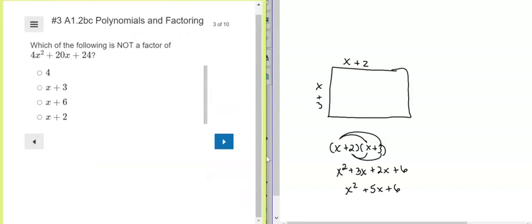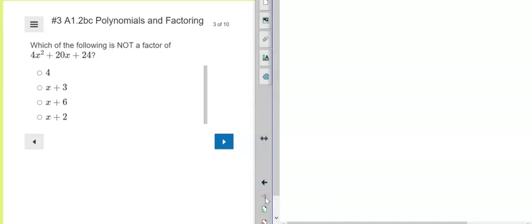Which of the following is not a factor of this? Okay, so for this one, I will go ahead and do it by hand first, but just know, don't freak out if after you see it you're like, what are you doing? But anyway, it says, which of the following is not a factor?